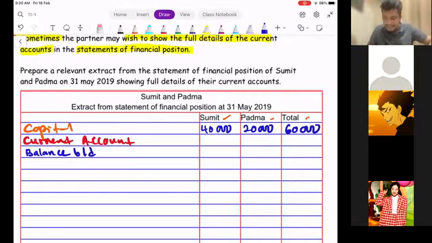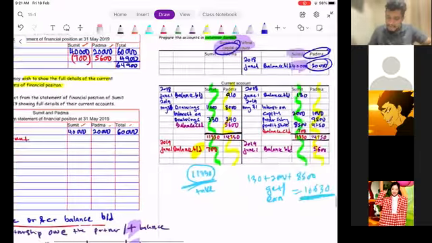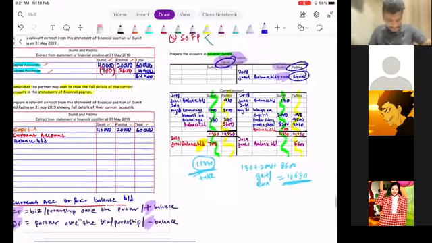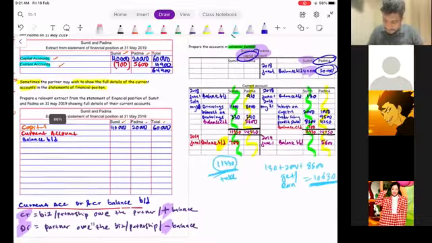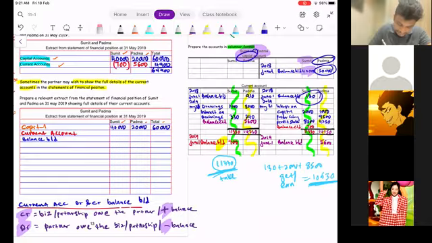You can go back to the question, or you can go to the current account that we already prepared here and check how much the balance BD for Sumit. Balance BD for Sumit is under 30. Balance BD for Padma is 910. Is this correct?